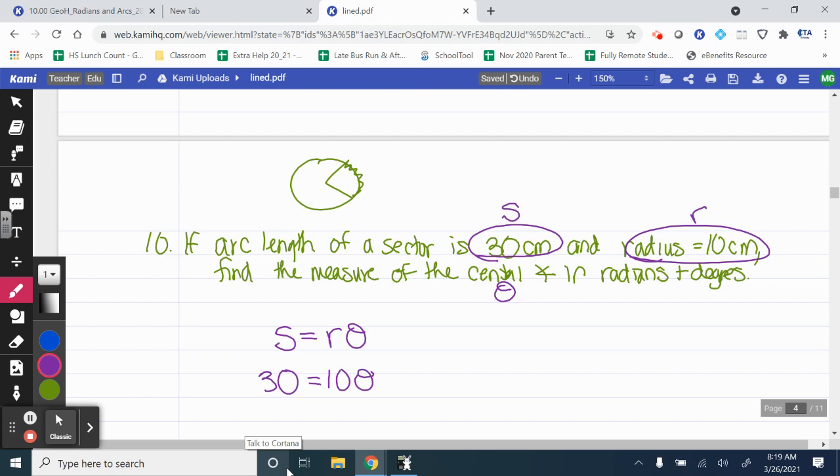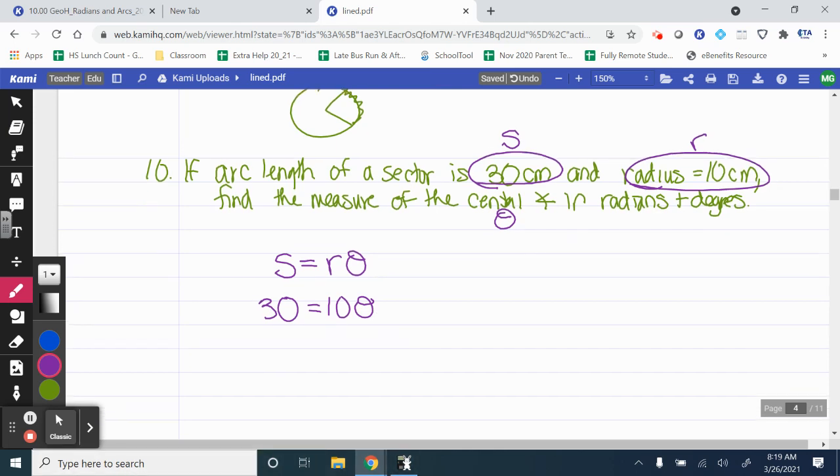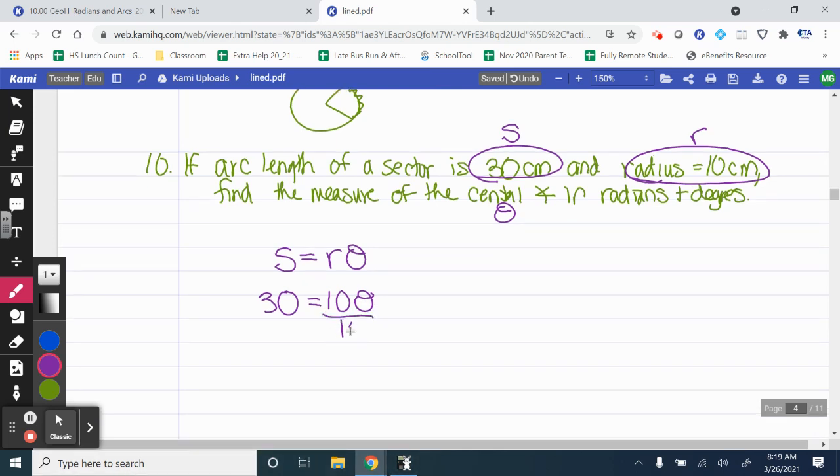So now to solve for theta, you would just divide both sides by 10. And notice here your units would divide out because that's 30 centimeters over 10 centimeters would give us theta equals 3. Because this formula is used only in radians, when you find theta, your answer is in radians. So now I found theta to be 3 radians.